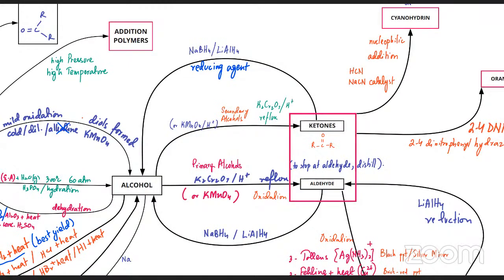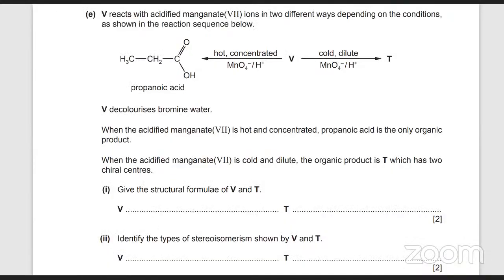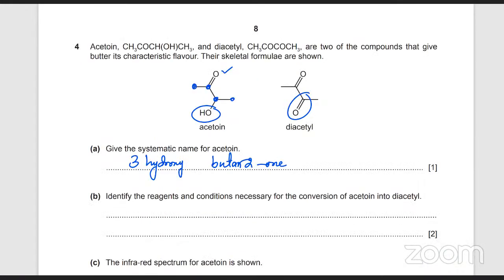So the reagent is going to be KMnO4. The conditions would be acidified and reflux. And also when you're answering the question, make sure you know what each one of these things means.